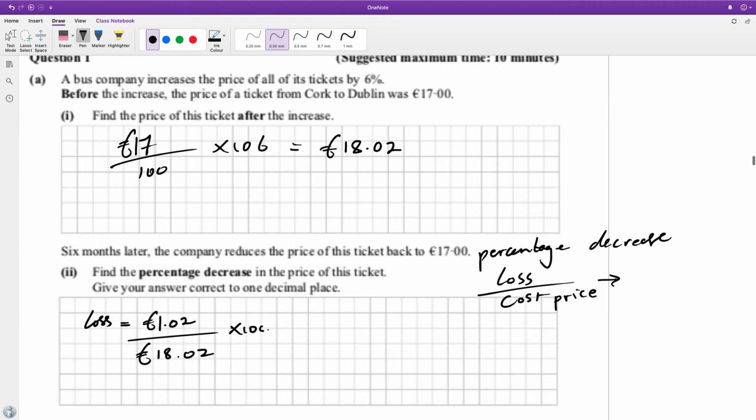Multiply by 100, which is equal to 5.6%. It's a percentage. 5.6% or 5.7%.